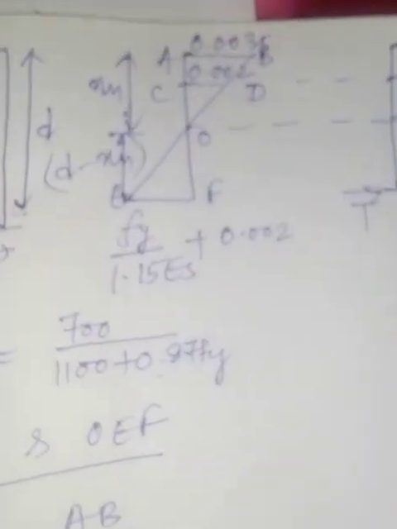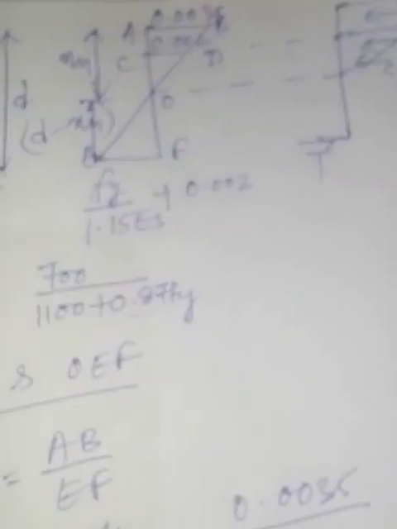Then from the triangles OAB and OCD, what will we get? OA ratio OC is equal to AB ratio CD, implying OC value is OA into CD ratio AB.